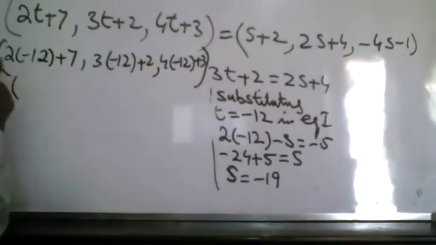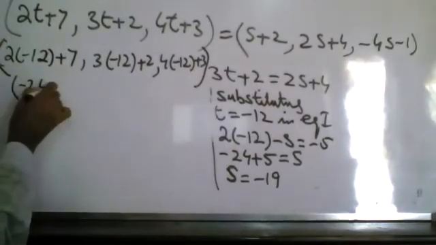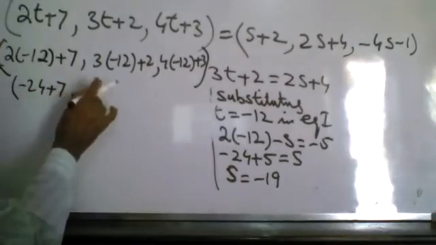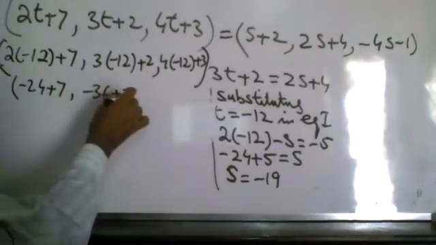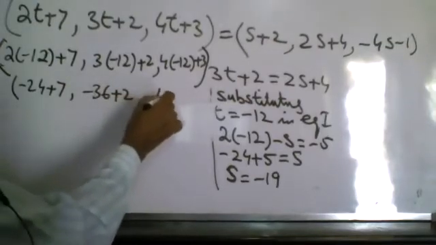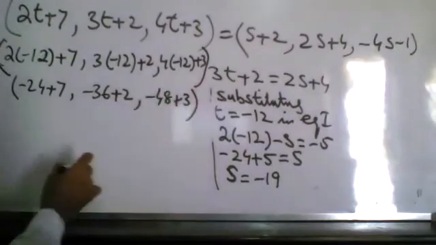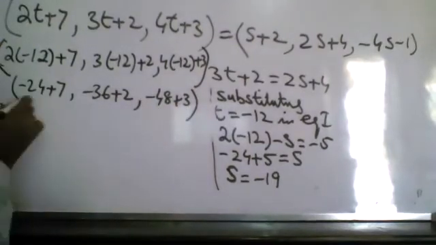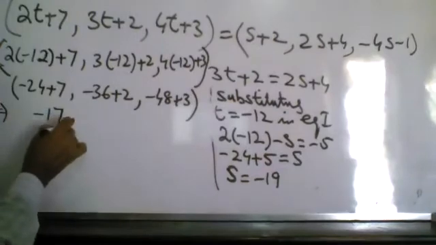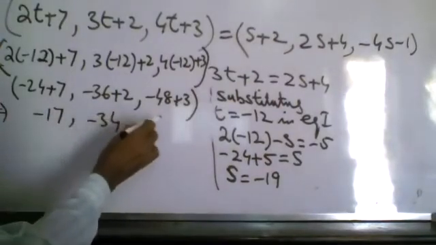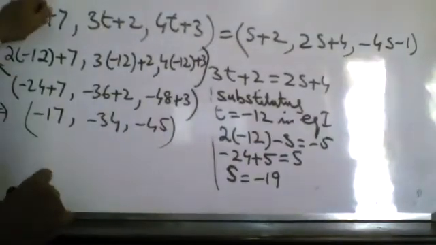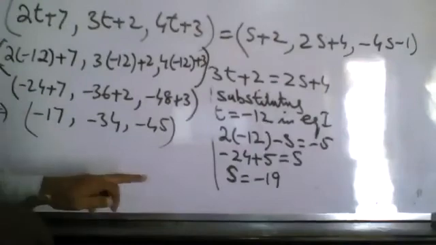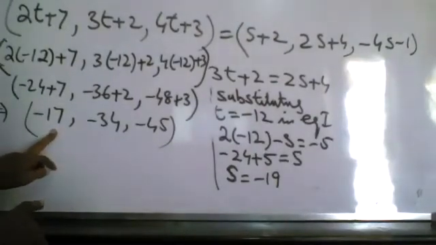It will become minus 24 plus 7, minus 36 plus 2, and minus 48 plus 3: minus 17, minus 34, and minus 45. This is the point of intersection if I put the value of t as minus 12.